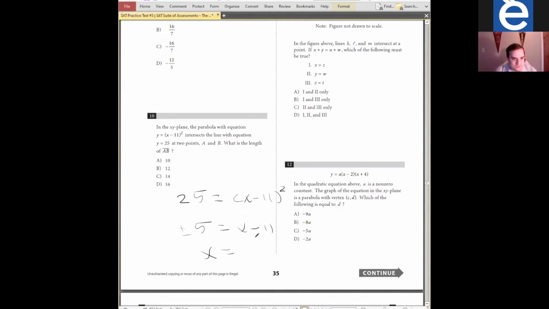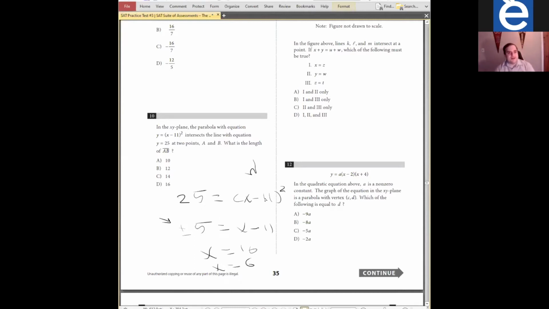X is equal to 16, and x is equal to 6. By the way, the reason I got plus or minus over here is that we know we need two solutions. When you take the square root of something squared, it becomes plus or minus on the other side.